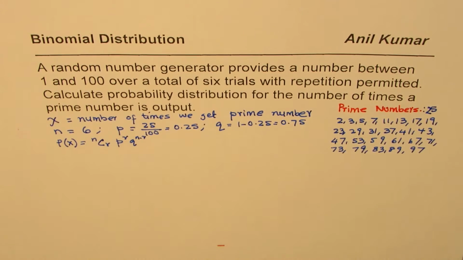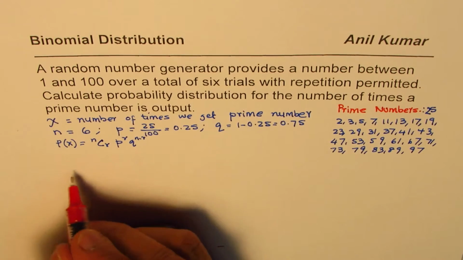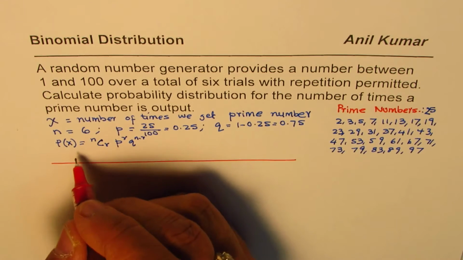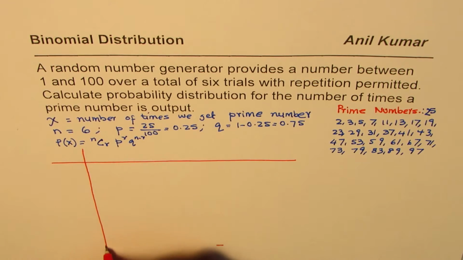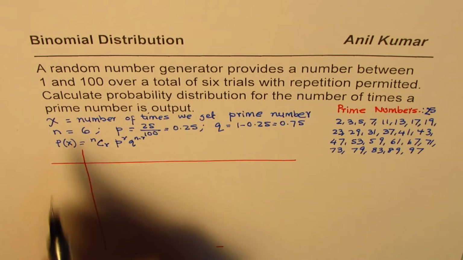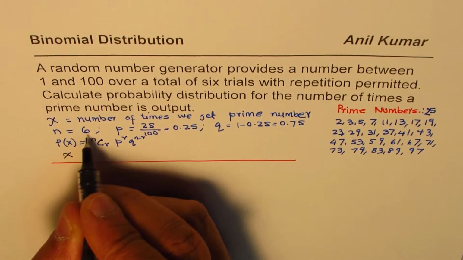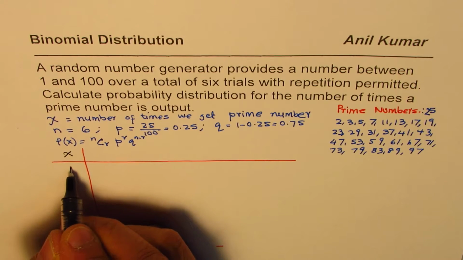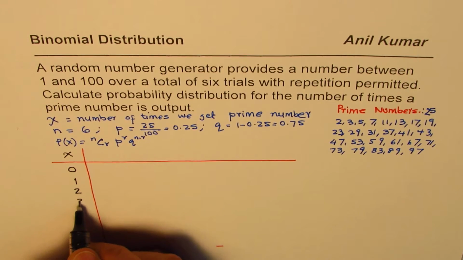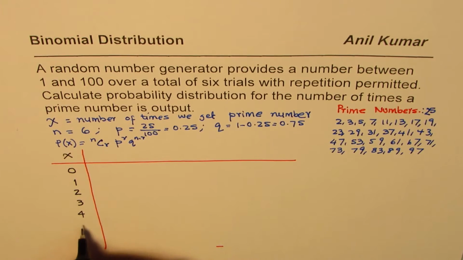So that is the general formula for finding the probability. With this information, we'll create a table of the expected probabilities under this condition. So we'll have the values of x. Since there are 6 trials, x could have values 0, 1, 2, 3, 4, 5, and 6.